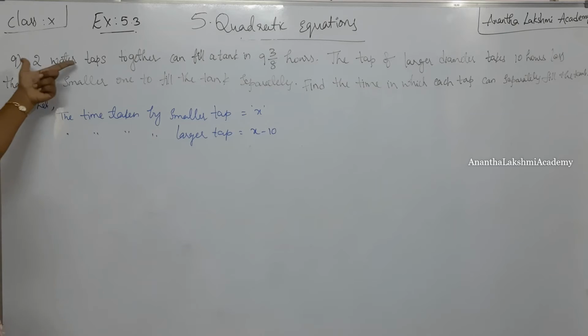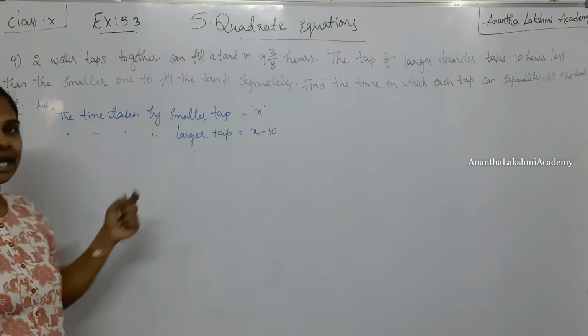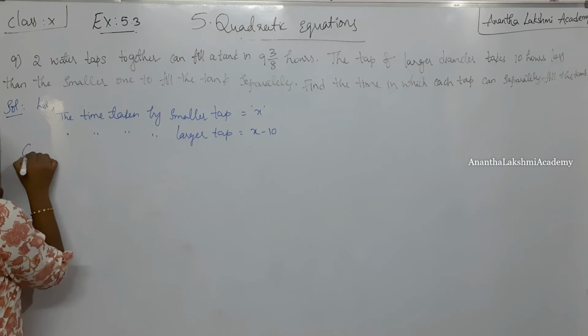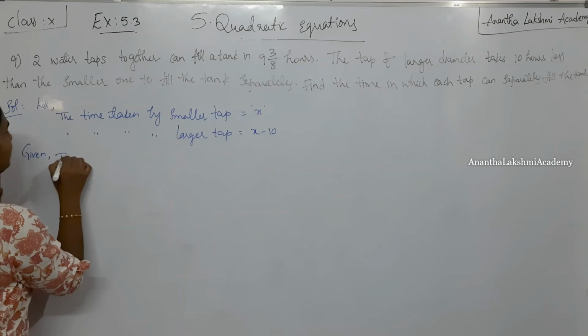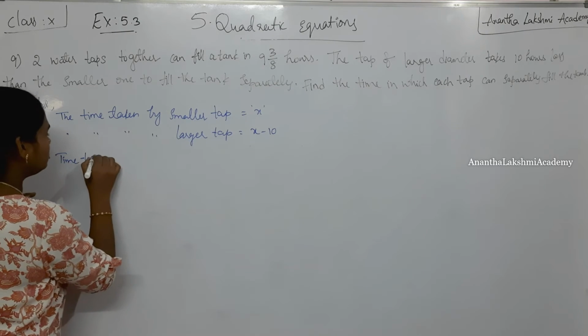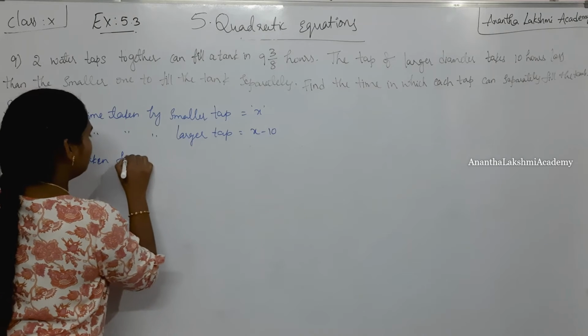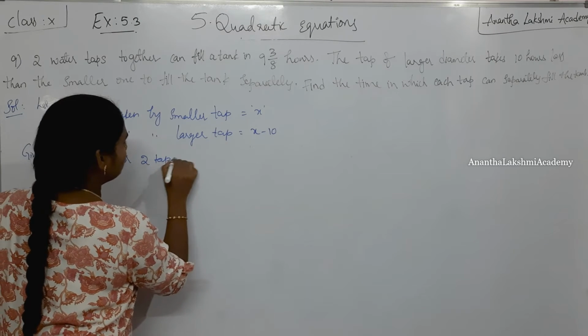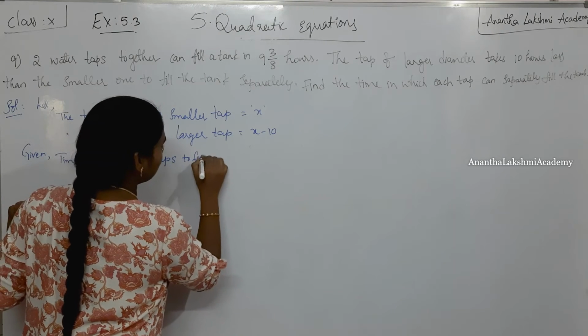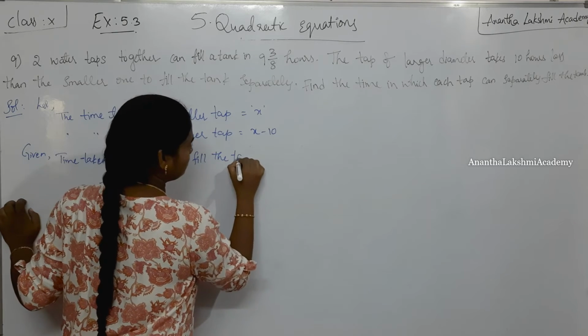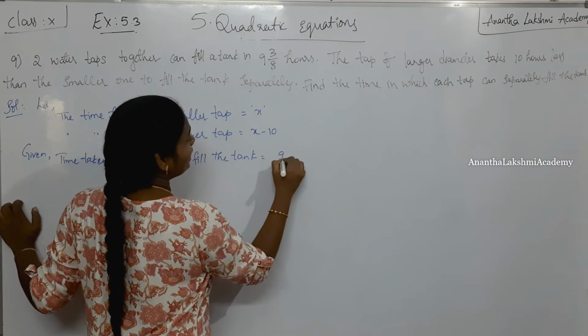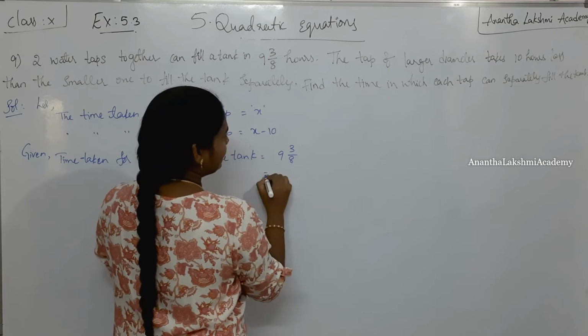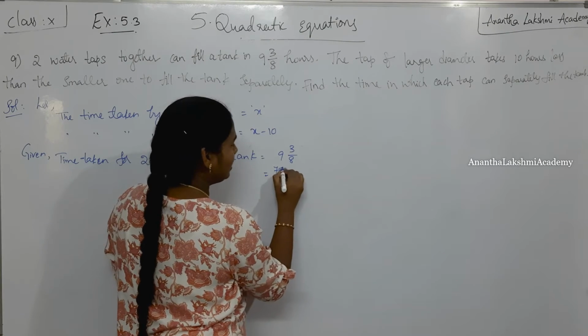Now similarly, what is given? 2 water taps together can fill a tank in the given time, which is 9 into 3 by 8. 8 9s is 72 plus 3 is 75 by 8.